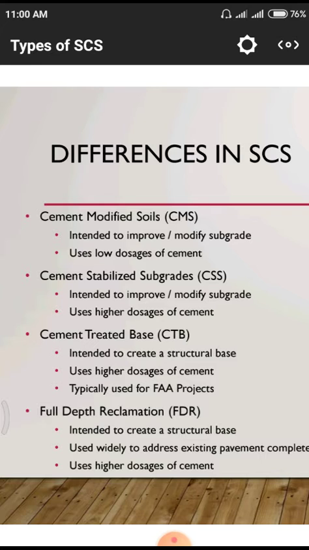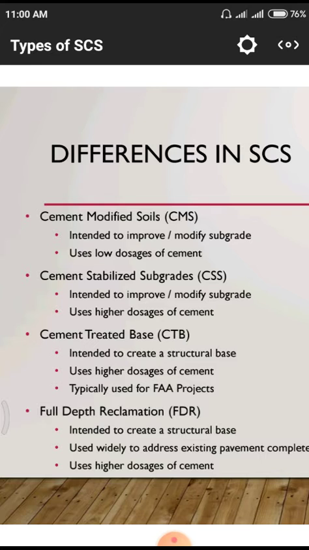Those elements are responsible to bear the loads. Likewise here also the structural base is responsible to transfer and bear those loads. It uses higher dosages of cement, and typically used for FAA projects.